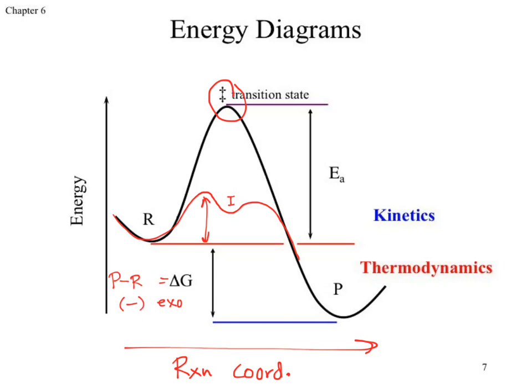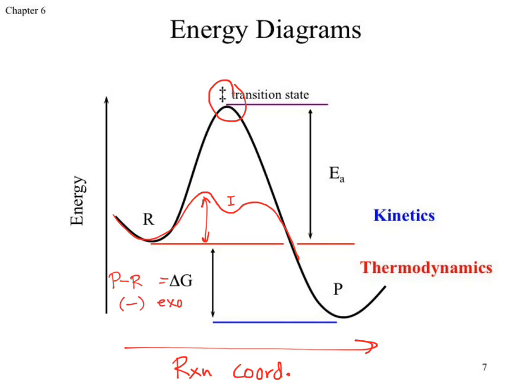So realize you're looking at two separate stages here. You've got the kinetic side, which is just about the activation barrier and the relationship to the transition state. And then you also have the bottom section, our thermodynamics. So you can look at an exothermic reaction, which is going to mean what? It releases energy. What would you see in your energy diagram?